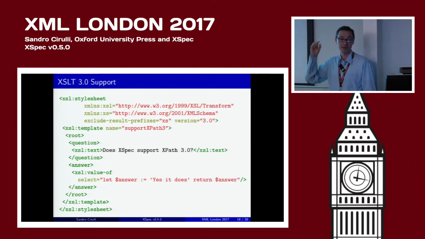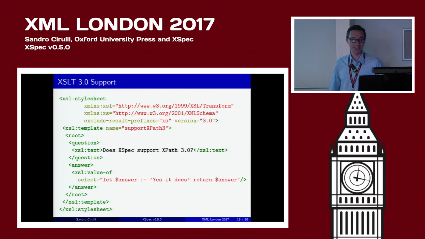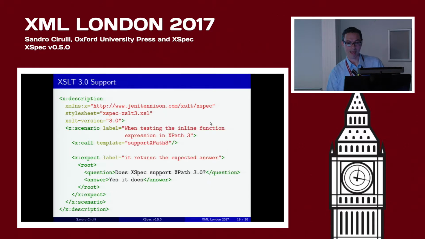So this is an example of how you would test an XSLT3 style sheet. In this case, I'm using the inline function from XPath3 in this XSLT3 style sheet. In XSpec, everything you need to do is to use the XSLT version attribute.